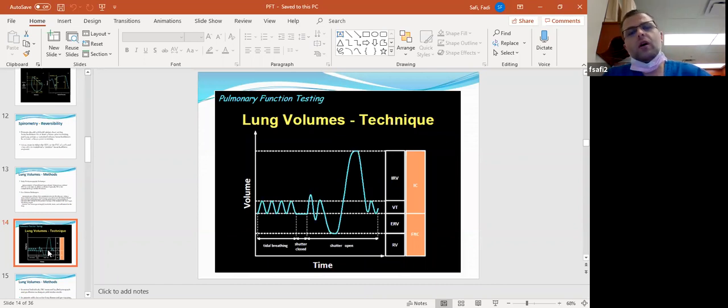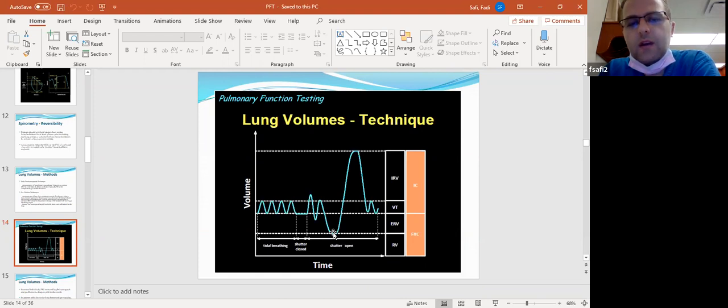So remember now, that's the spirometry. What you do is ask the patient to inspire, expire, inspire, expire, inspire, expire, and then inhale, exhale, inhale, and then exhale all the way, right?